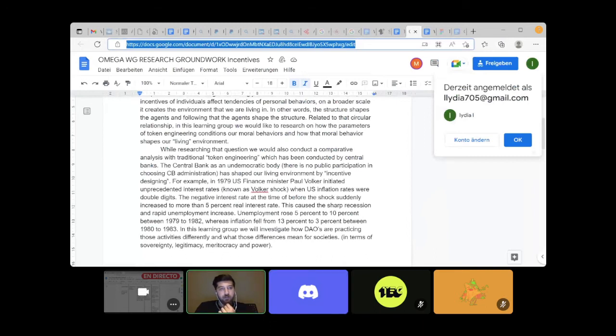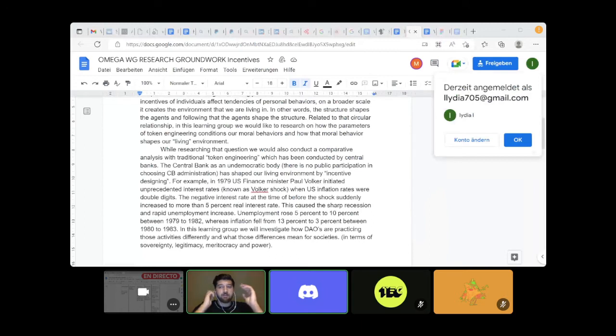The main argument of this research is that while we are discussing token engineering, we are always discussing how we are shaping incentives. In the social sciences there is the classical dilemma of whether agents create structure or structures create agents. In token engineering we approach an agent as an individual and shape their incentives.